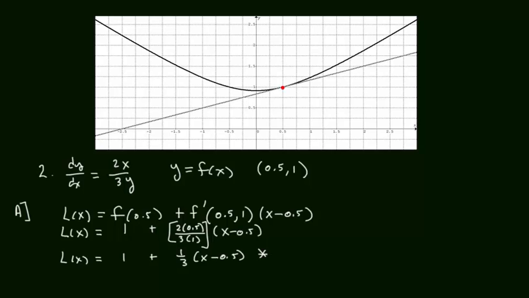Here's our linear approximation. F at 1.5 is approximately the line tangent at 1.5, which comes out to be 1 plus 1/3, which equals 4/3.